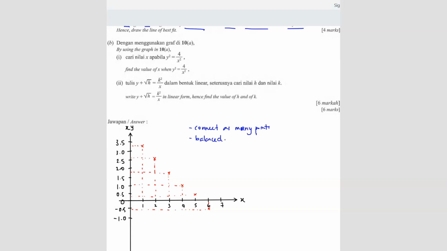That means if there are two floating points on the top of the line, there should be around 2 or 3 floating points on the bottom. It has to be balanced. It cannot be 5 floating points on top and only 1 at the bottom. It has to be roughly balanced.